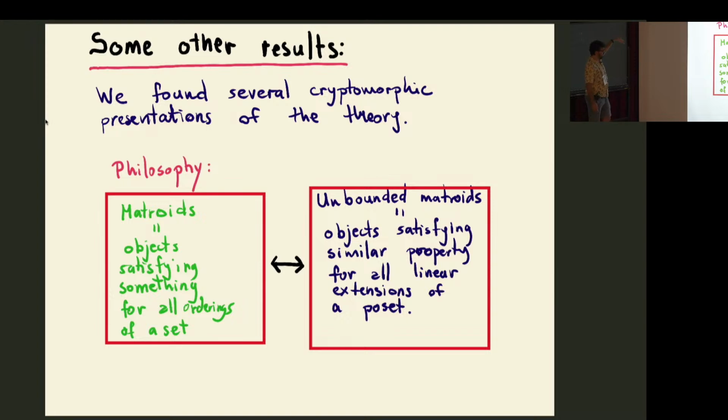And there are many different cryptomorphisms, in the sense that you can define matroids as objects satisfying something for many orderings on a set. And if you want to talk about unbounded matroids, you can produce many of the similar axioms by thinking of objects satisfying a similar property for all linear extensions of the underlying poset.